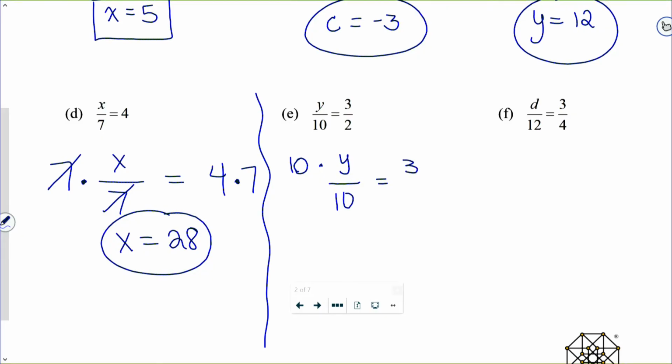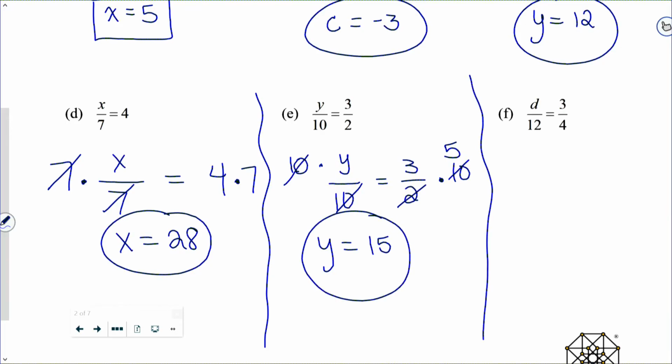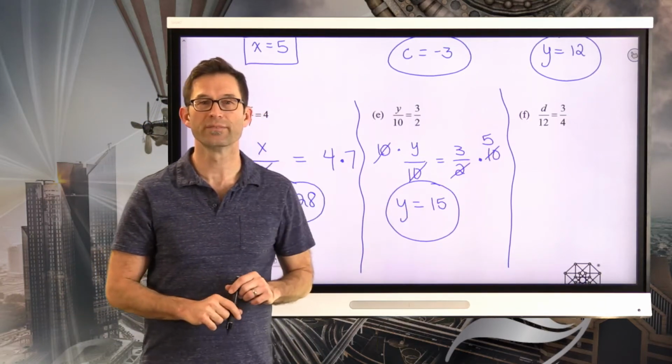And on this side of the equation, I'll also multiply by 10. What I do to one side of the equation, I must do to the other side. Now 3 halves times 10, that's simple enough. I can cross cancel. 3 times 5 gives me 15. All right. Why don't you really quickly do letter F?